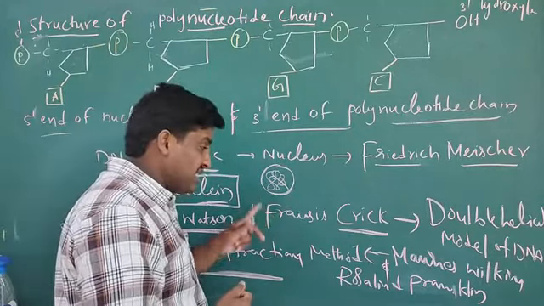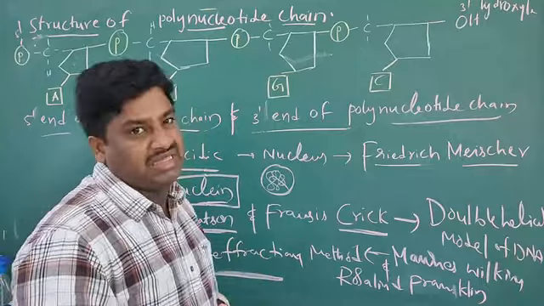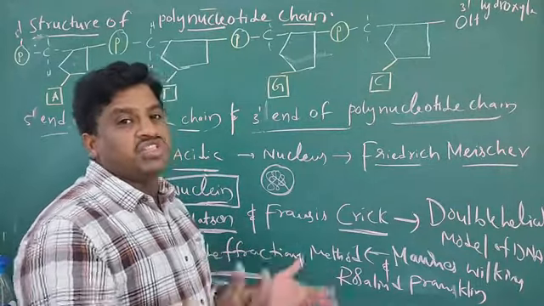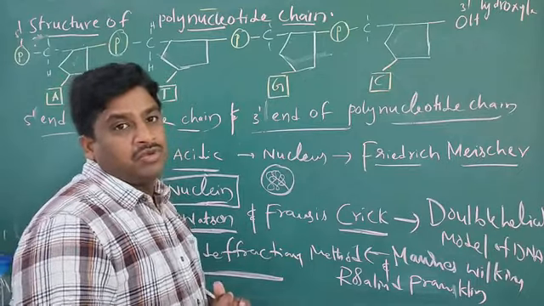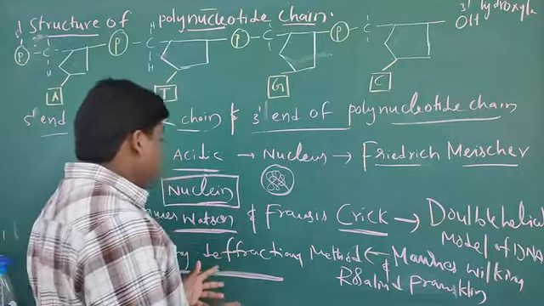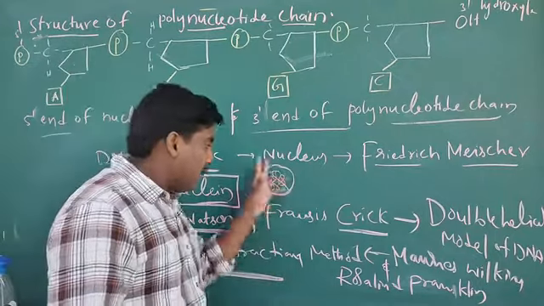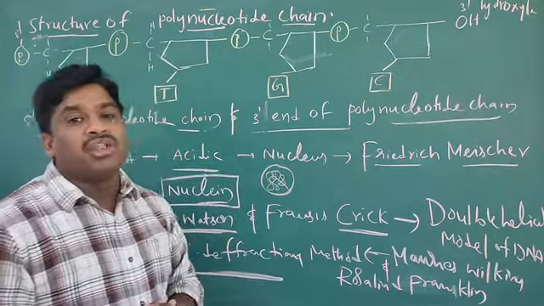Based upon that, the X-ray diffraction method was discovered. So the rays elaborate the structure of this DNA material. Okay, so based upon that, James Watson and Crick prepared the double helical model of DNA.